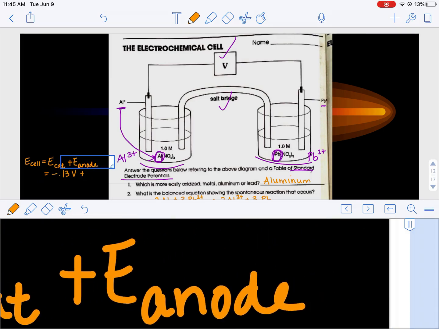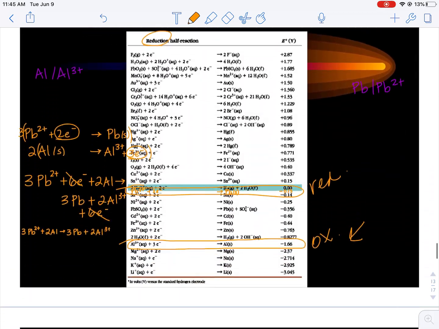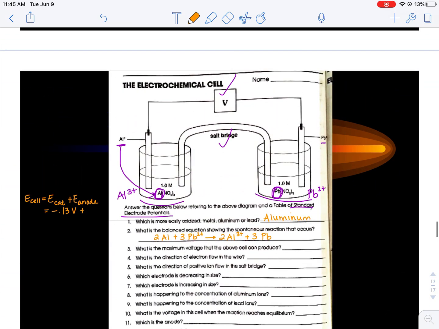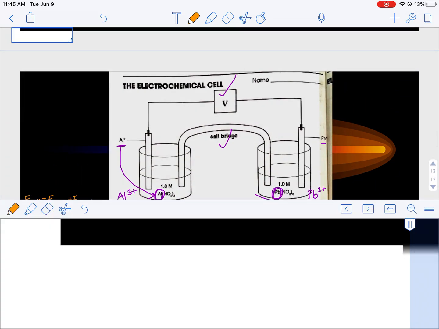And oxidation takes place at the anode. The oxidation half reaction was the one that we had to switch. So by switching the reaction, we also have to switch the sign. So it winds up being positive 1.66.